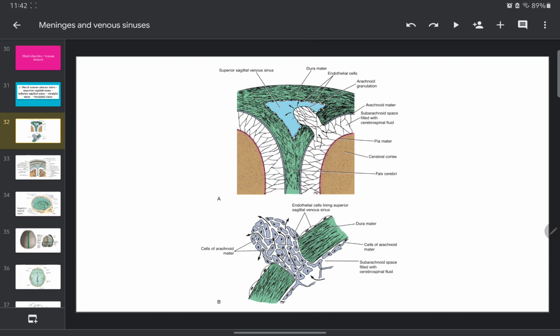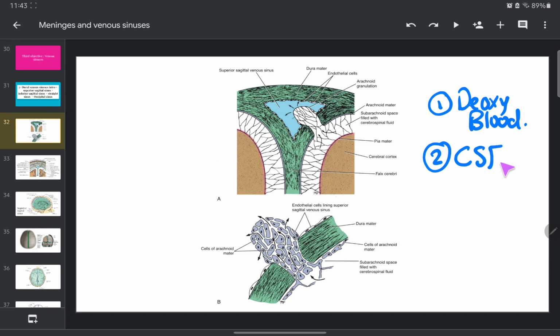Now we can just summarize this part by saying that it carries the deoxygenated blood, and also it carries the cerebrospinal fluid from the brain.